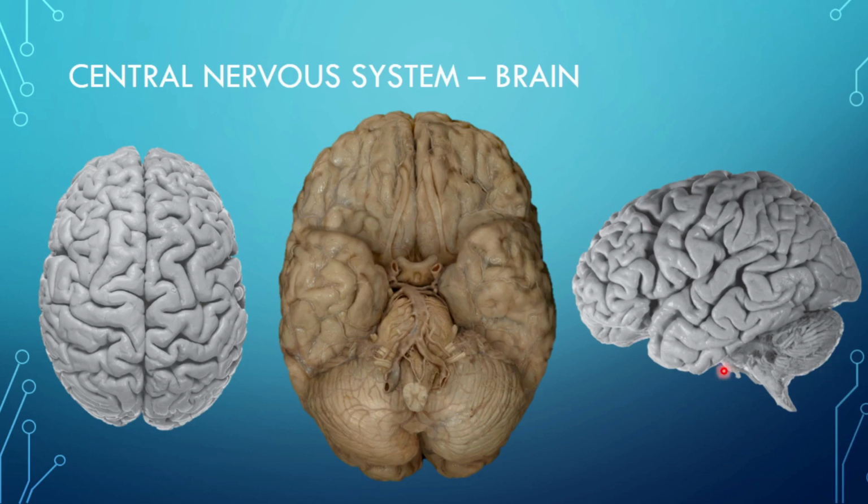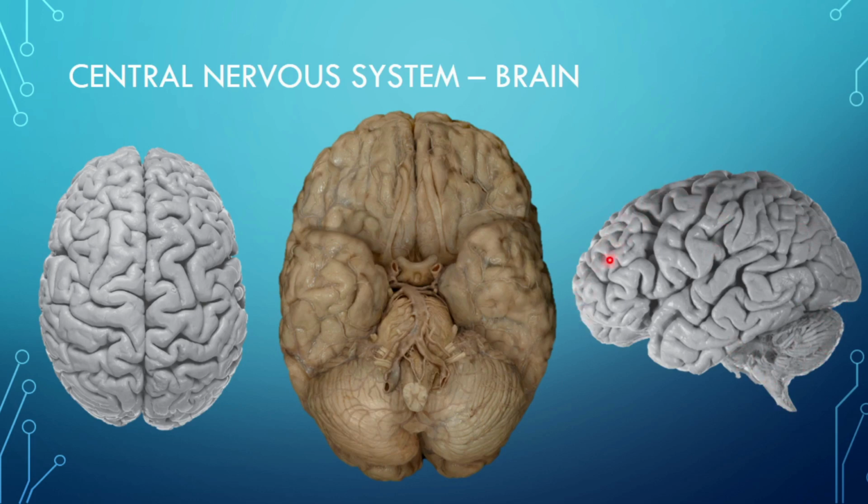And then this third image is looking from a lateral view. So this would be the front here, and this would be the back. Again, we can only see one hemisphere here because we're looking from the side, but what you do get a nice view of again is the brainstem and the cerebellum.